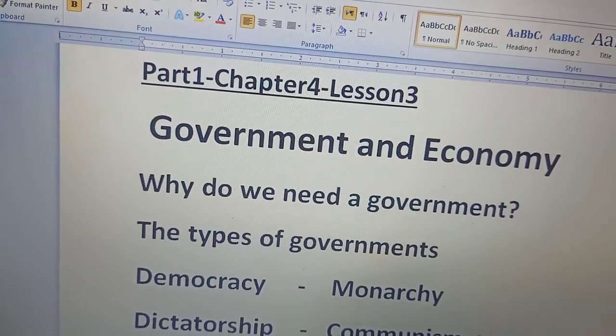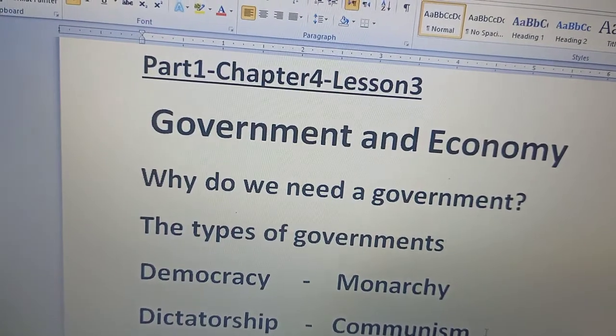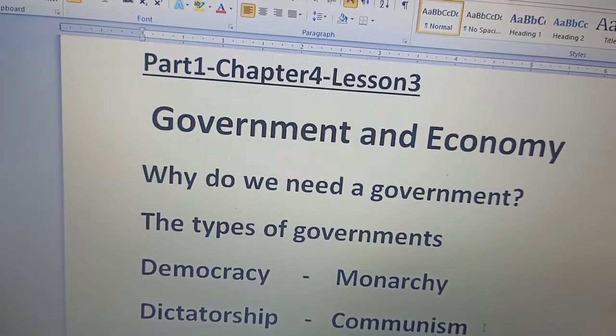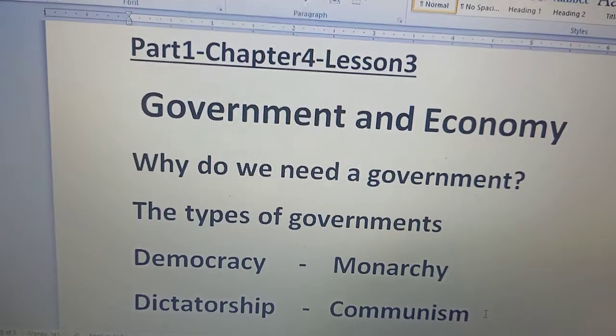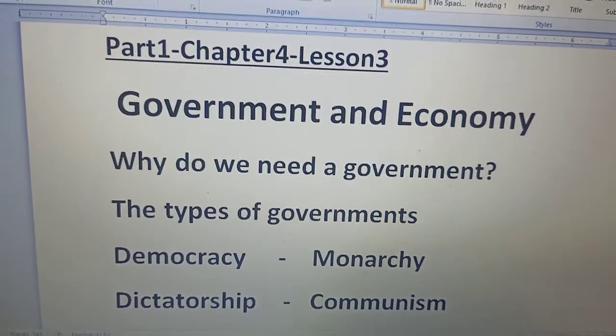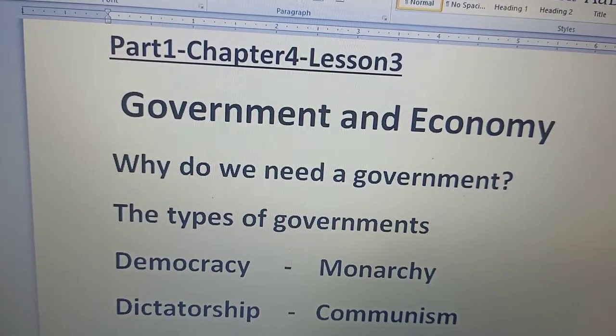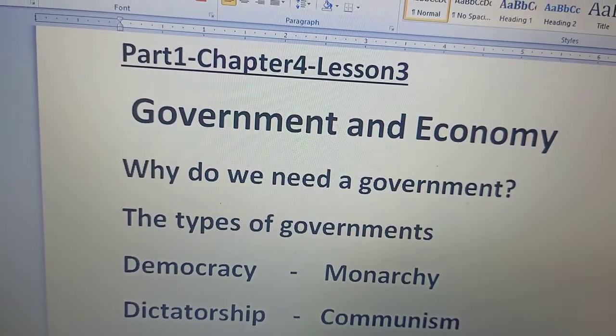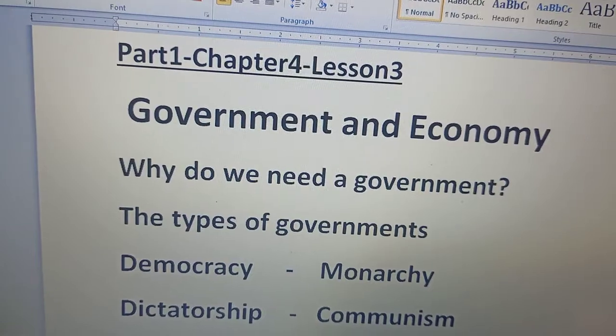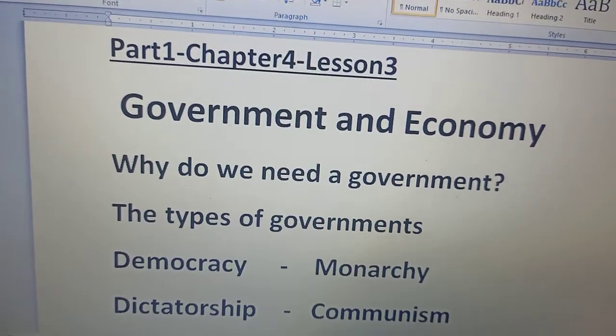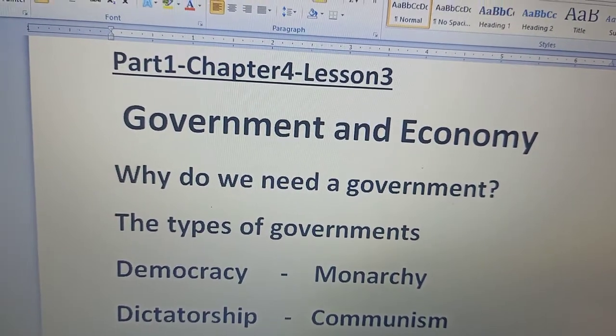This means that most communist states and people have restricted rights and little freedom.